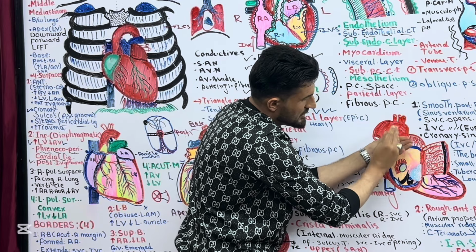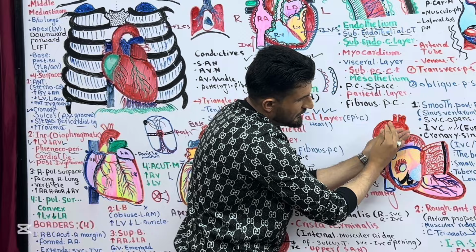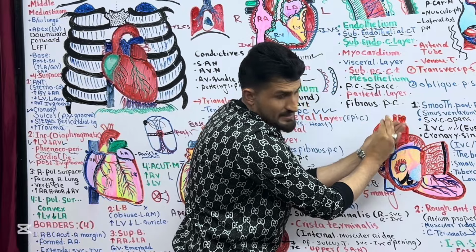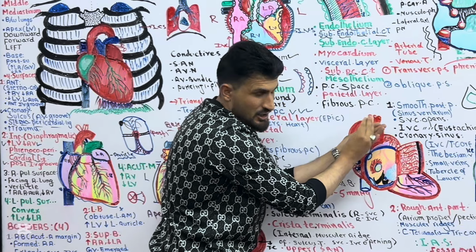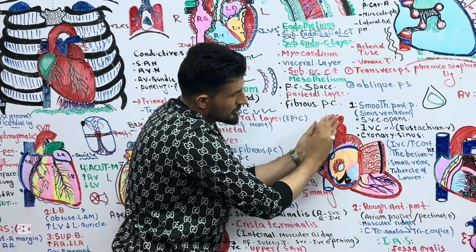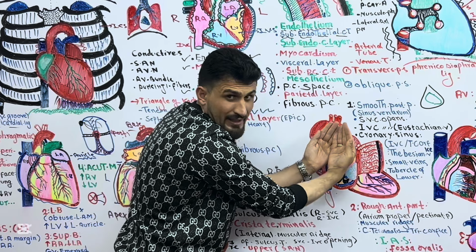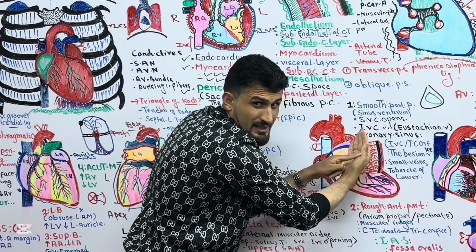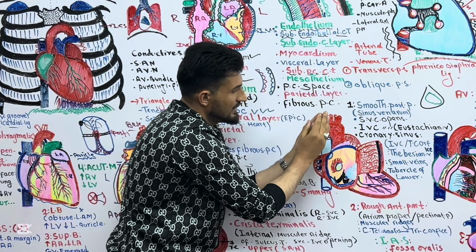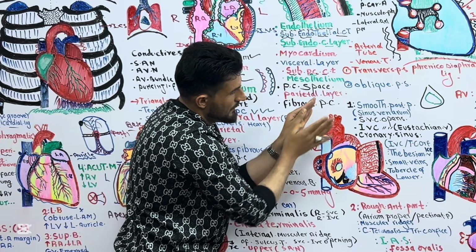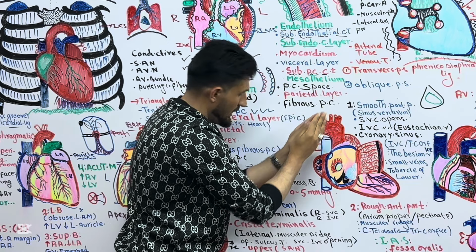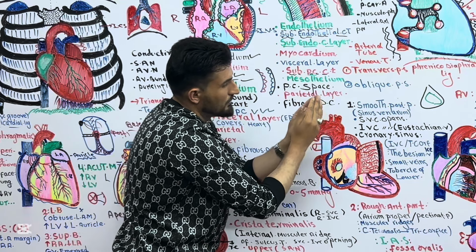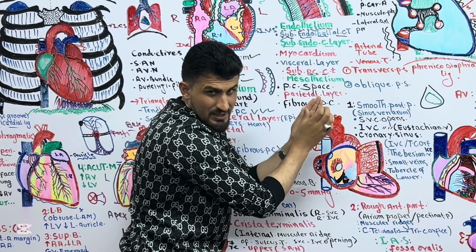When I cut it here and open it like this, once again, from the outside, this is the sulcus terminalis. From the inside, this is the crista terminalis.